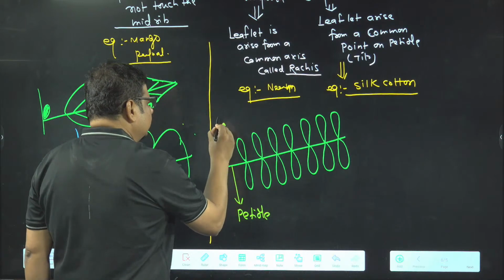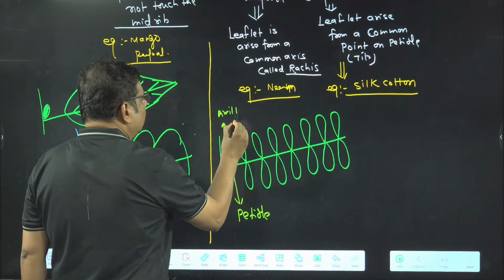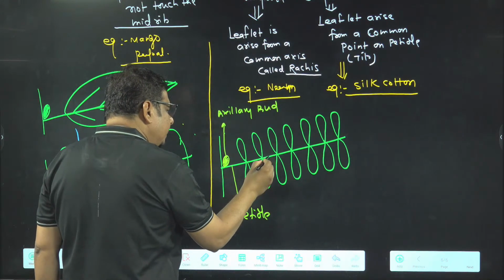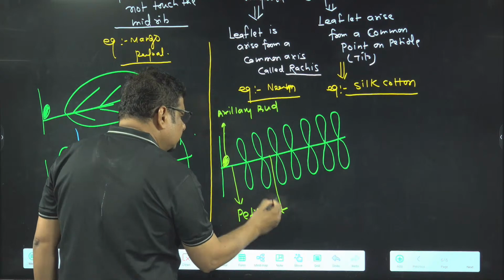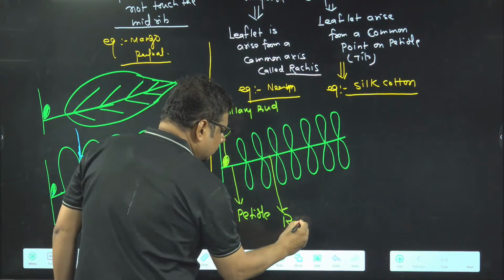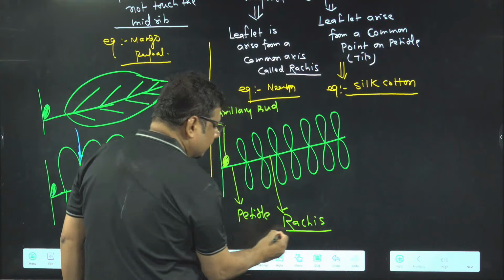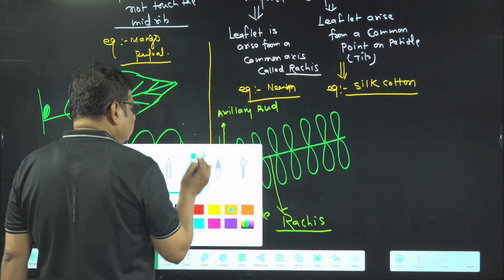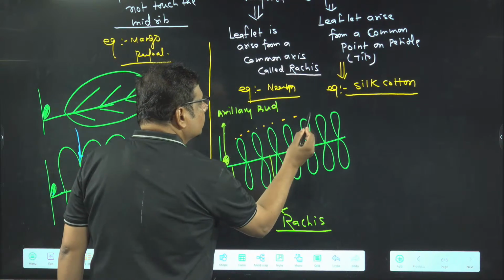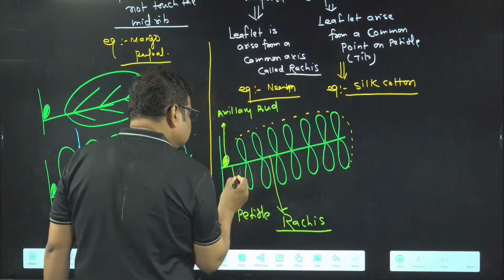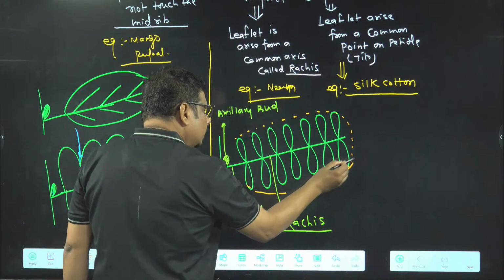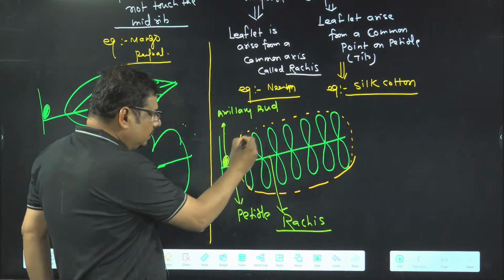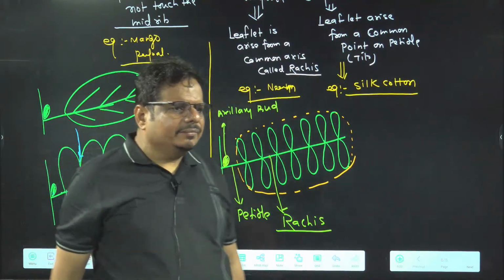This is axillary bud. And in case of pinnately compound leaf, this midrib is called rachis. So I am just drawing a hypothetical line. Suppose that it is like this. So this is a leaf. The dotted entire structure is a leaf.